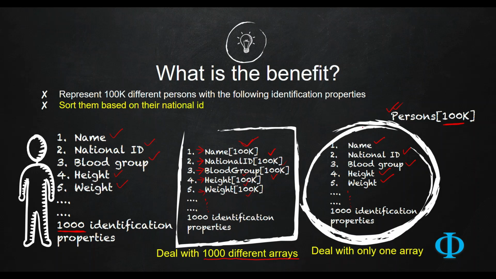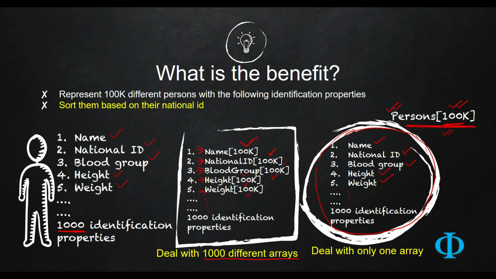So create an entire object out of all those 1,000 properties, and then just create one single array called persons, which is of length 100k to represent all those 100k persons. That's the benefit. And as you can see, this is a much better way of representing a person.